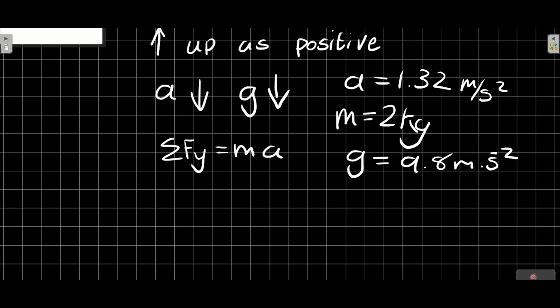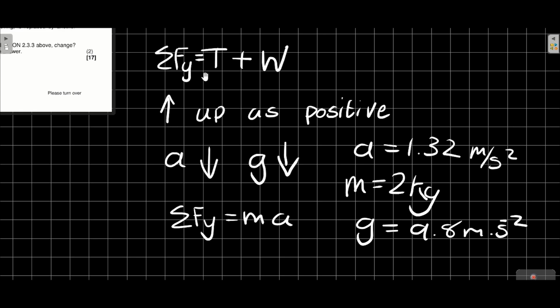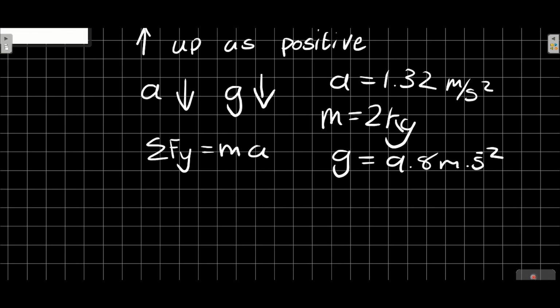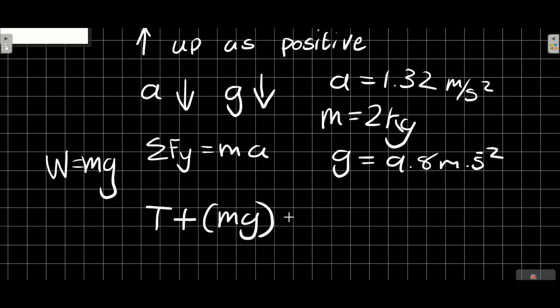Our sum of forces along y is equal to tension and weight. So our tension plus our weight, which is m times g, remember W equals mg, should equal ma.